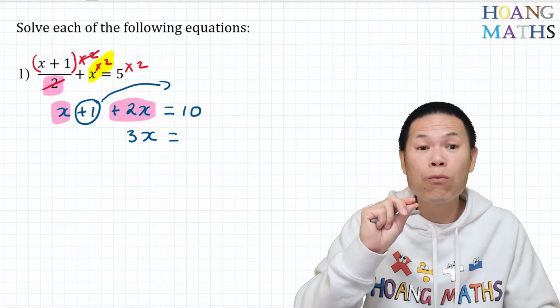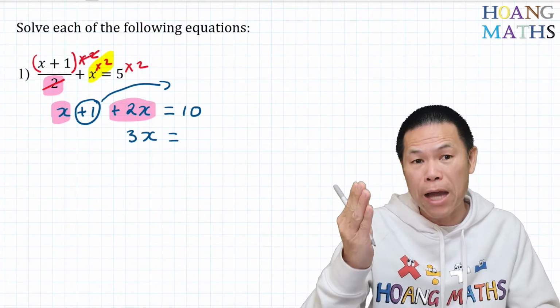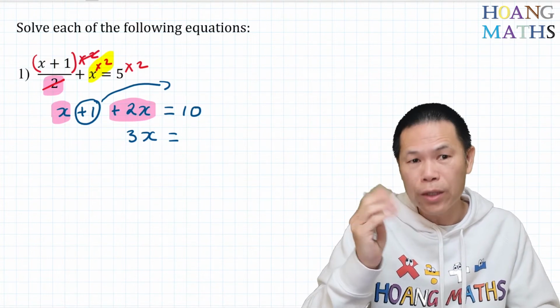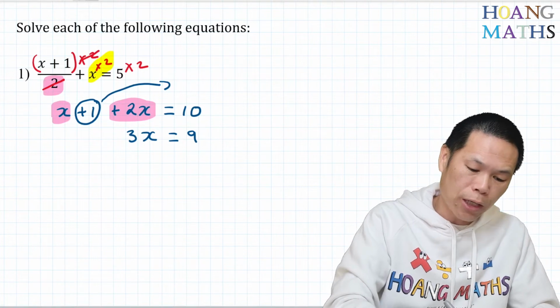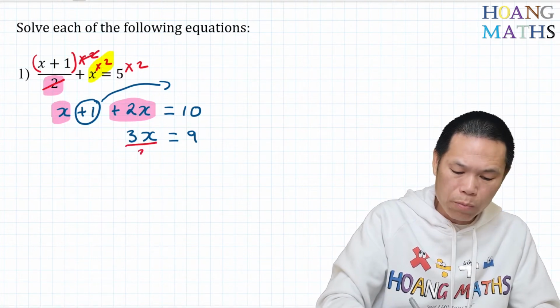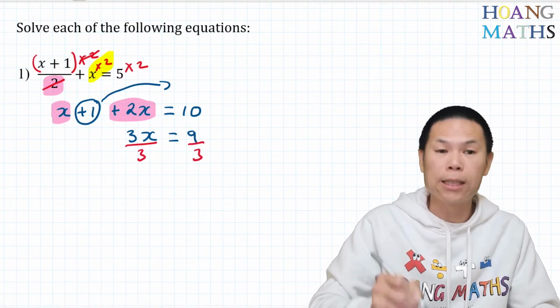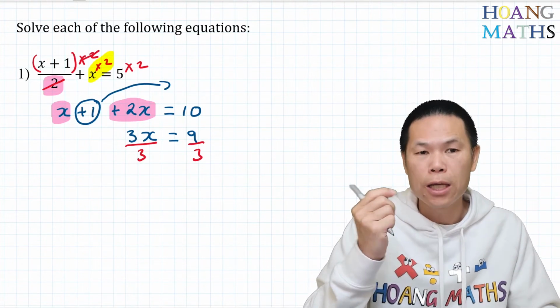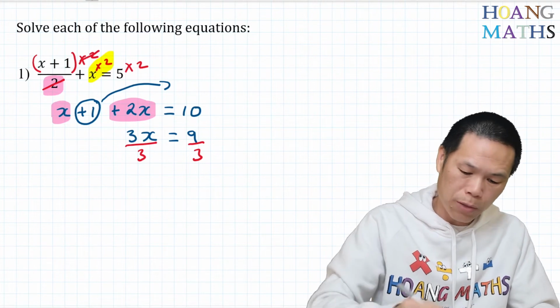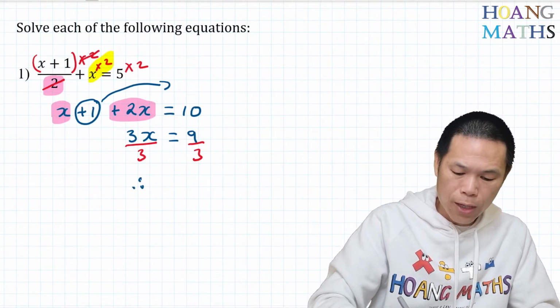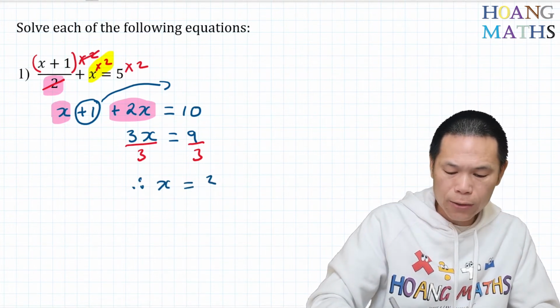And then the positive 1, of course, I move to that side, becomes minus 1. So 10 minus 1 is 9. So the answer is 9. There you go. So I just get rid of this 3 by dividing by 3 on both sides. So now 9 divided by 3 is 3. So therefore, x is equal to 3. So let me write this down. Therefore, x is 3.